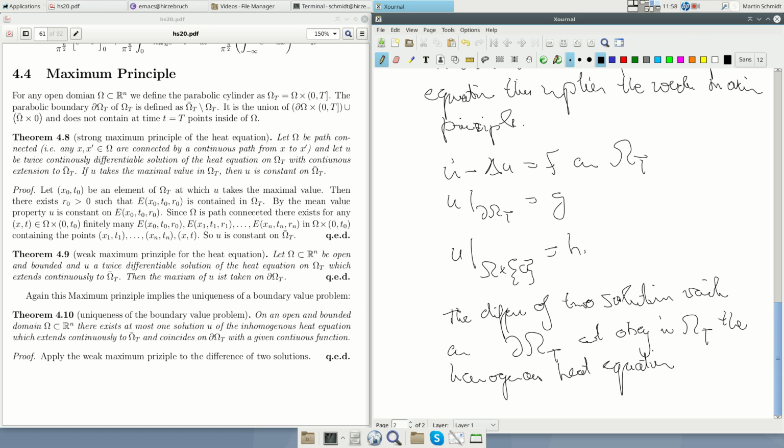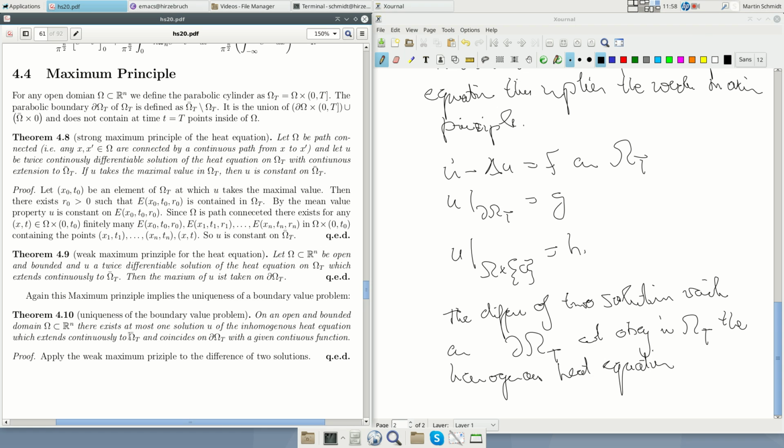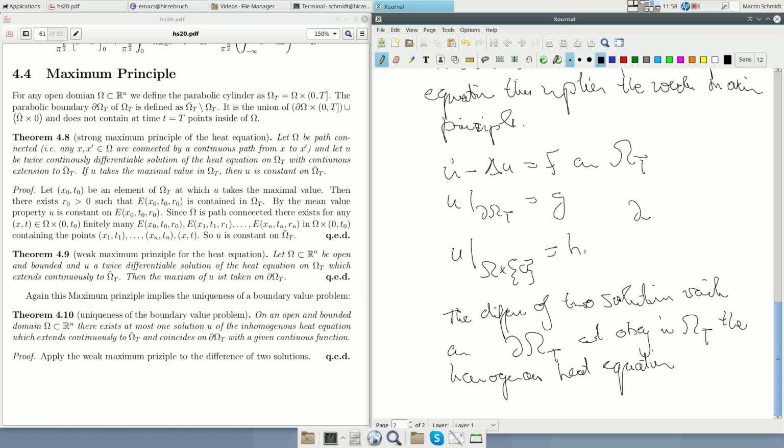Yeah, so here, if we compare it with this formulation, then clearly the parabolic boundary is the same as the boundary of omega times (0,T), and the union with omega bar times {0}.